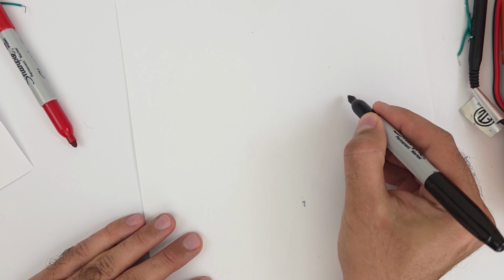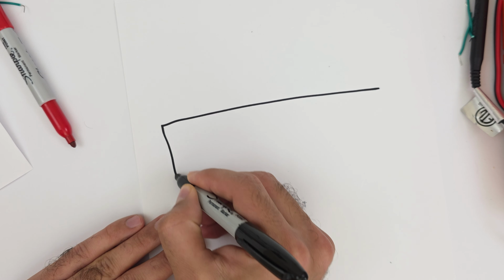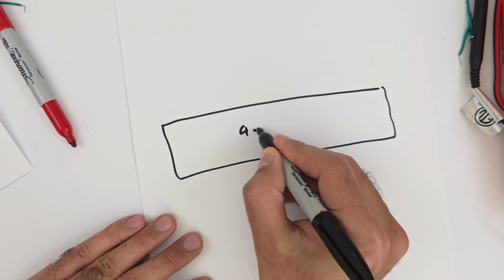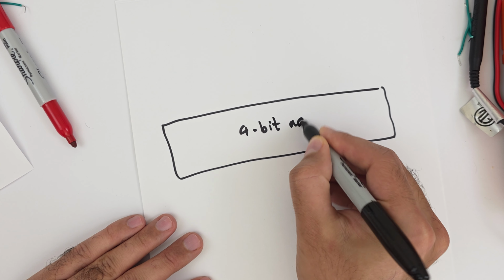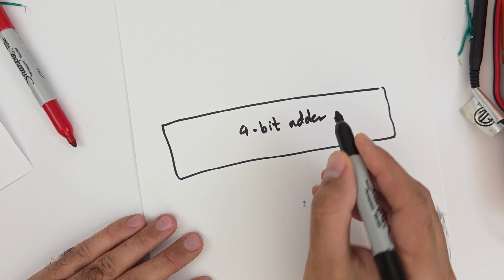So we know in the hardware we have a 4-bit adder, and this adder takes 2 values, A and B, and it provides one output value, let's say C. So I am going to say this is A0 and B0, A1 and B1, A2 and B2, A3 and B3.